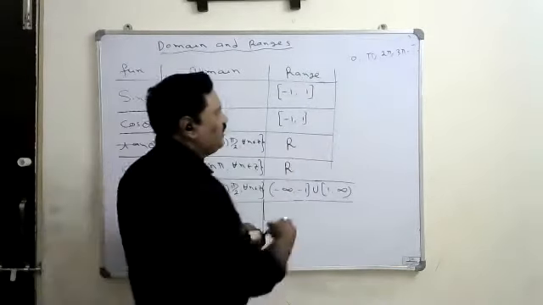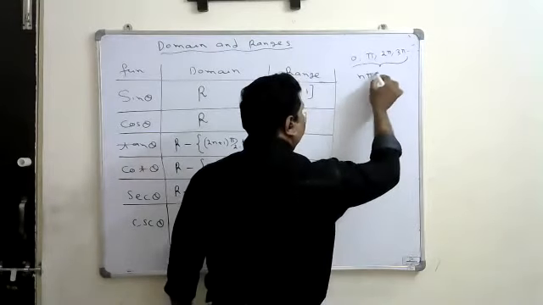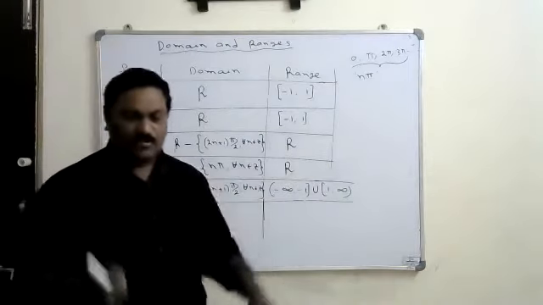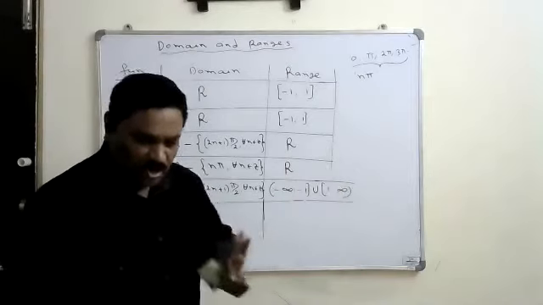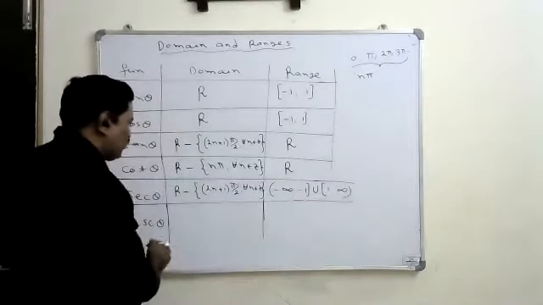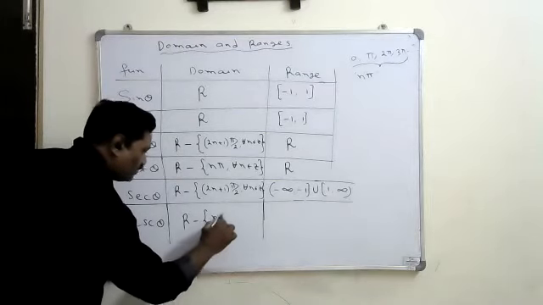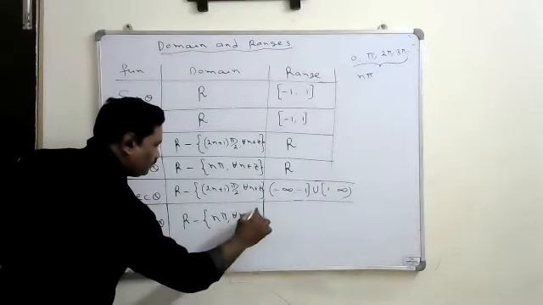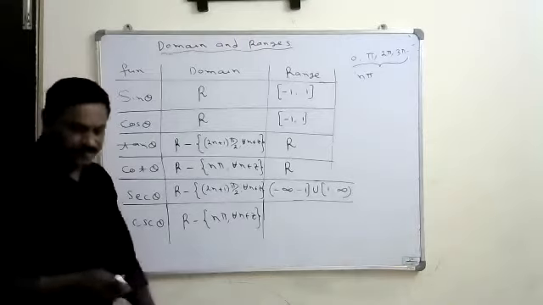All these angles together, how do you write it? n pi. Means for all these angles cosecant is not defined. That's why you should not take these values. Therefore, what is the domain of cosecant theta? R minus n pi, for all n belongs to Z. This is the domain of cosecant theta.